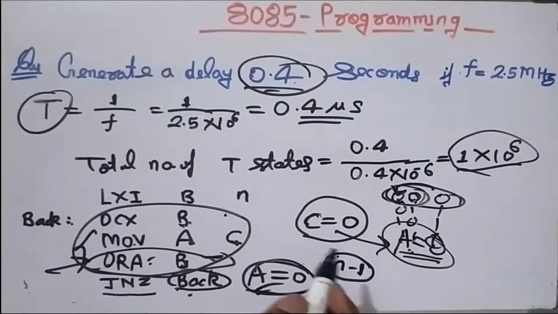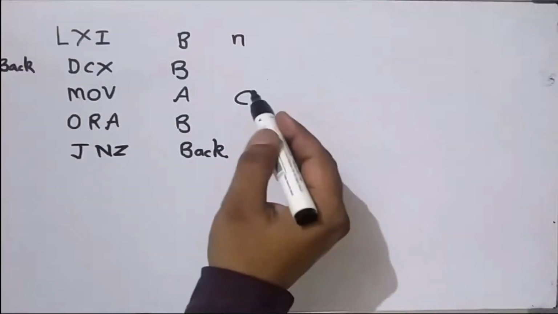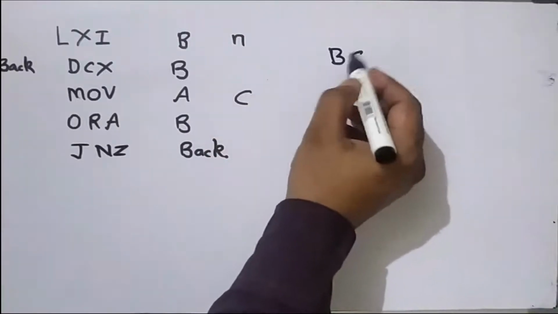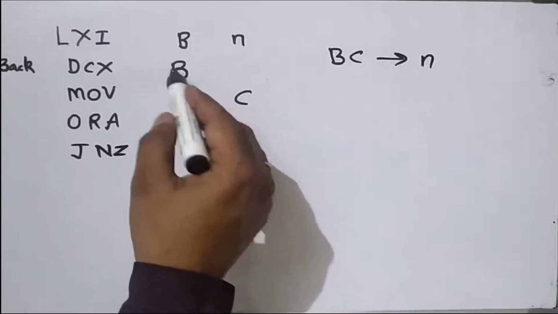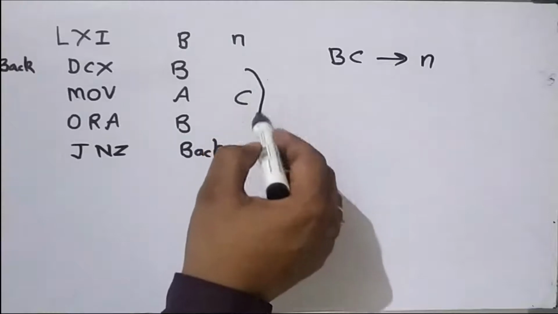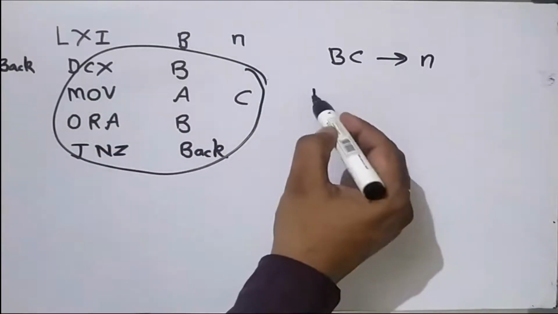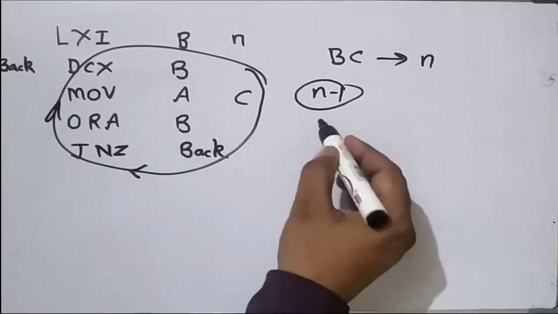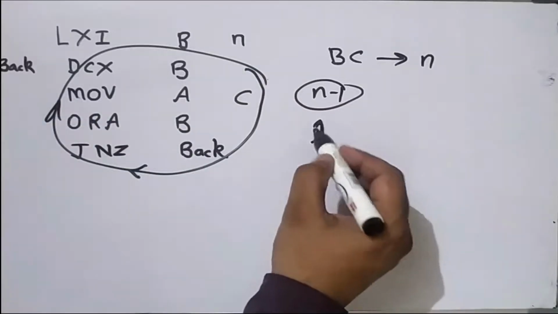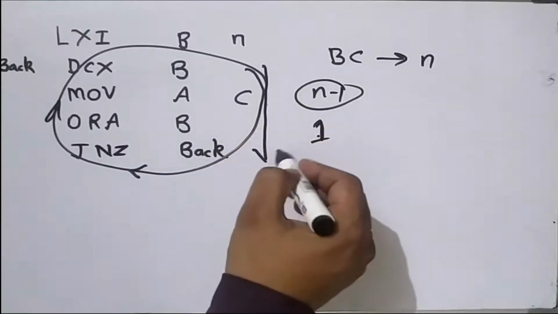Suppose BC is written with a data n. Then the loop will run n minus 1 times, and in the last loop it will terminate in this direction.